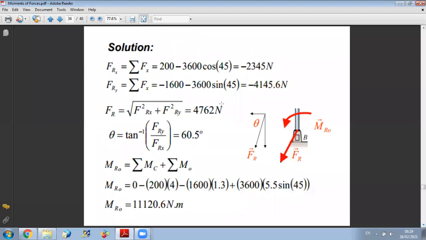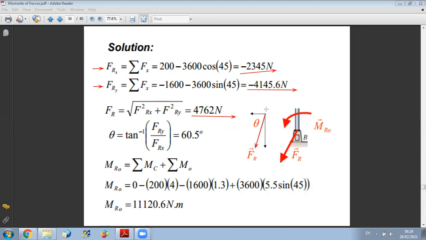So now, they did the same step we did together. First, they found FRX, FRY. Once you determine these two, you can find the magnitude of your force. And as you can see here, since the resultant in X and the resultant in Y are negative, this means that your force is in the third quadrant.